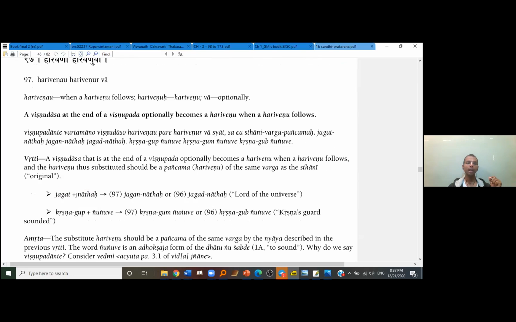Now, if we have a hari-veṇu in the beginning of the second word, then optionally, one time this ta will change into the hari-gadā by the previous sutra, viṣṇu-dāso, viṣṇu-padānte, hari-ghoṣe cha hari-gadā. And optionally, this ta will change into the hari-veṇu of its own varga.